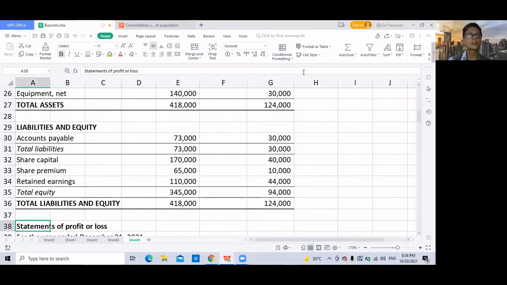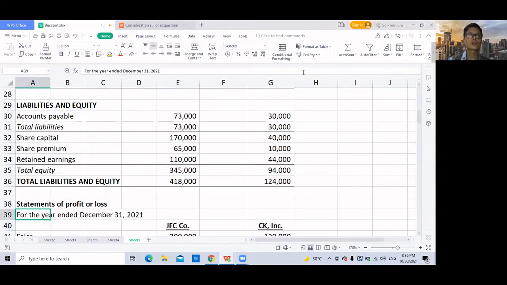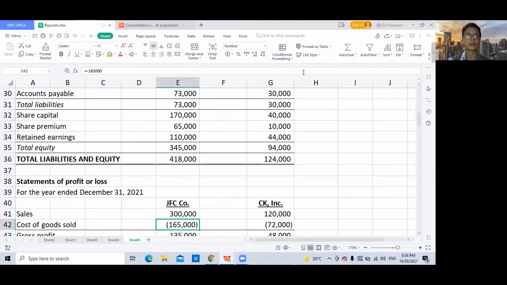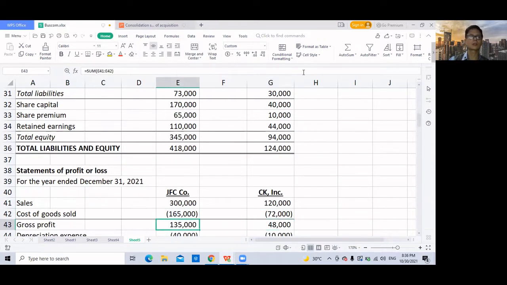And then yung statements of profit or loss nila, yung kanilang operations during the year, yung kanya-kanyang operations, no. Okay, so for the year, si JFC kumita ng 300,000 while kay CK 120,000. And then dun sa cost of goods sold, we have 165,000 for JFC, and for CK that's 72,000.